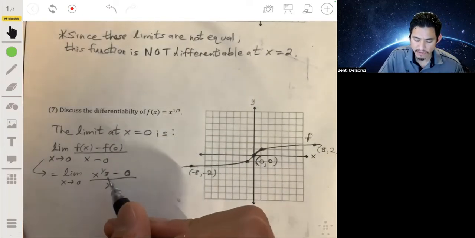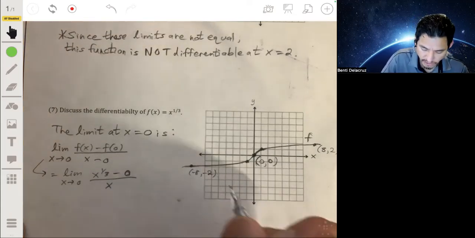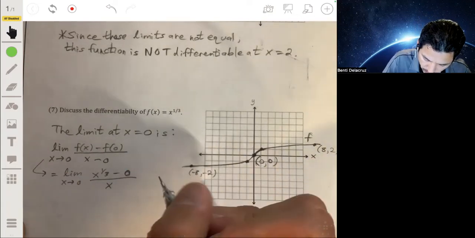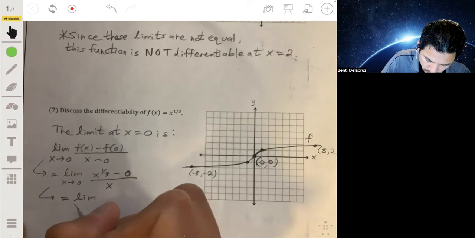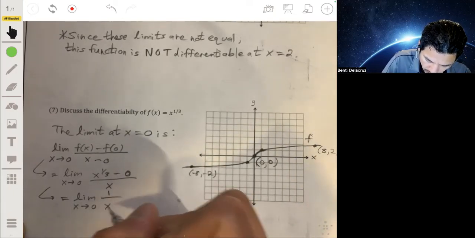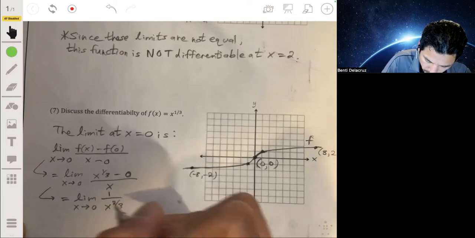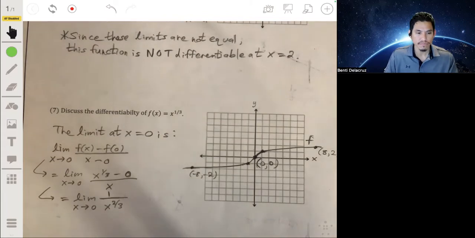And so then we have x to the 1/3 over x to the 1, which will be just 1 over x to the 2/3. So this will be equal to the limit as x approaches 0 of 1 over x to the 2/3. Now, what do we do here?